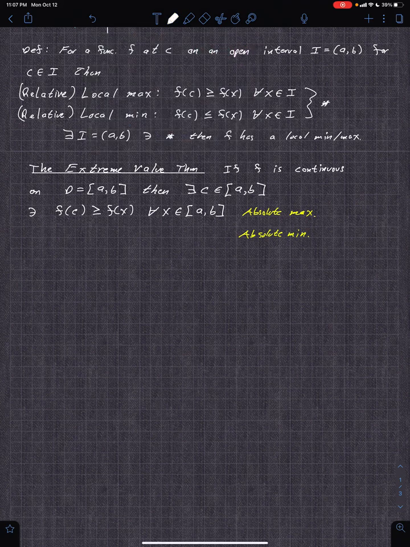Okay, and there exists a D, a different value, in AB such that f of D is less than or equal to f of x for all x in AB.